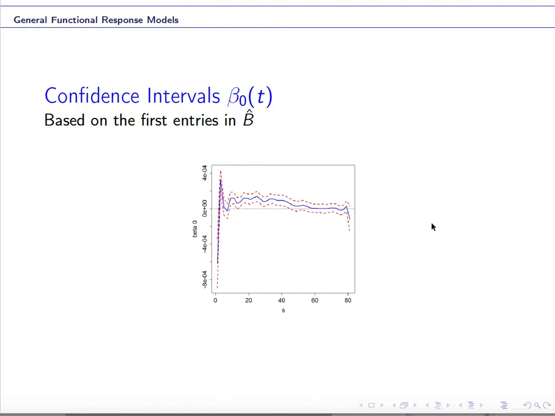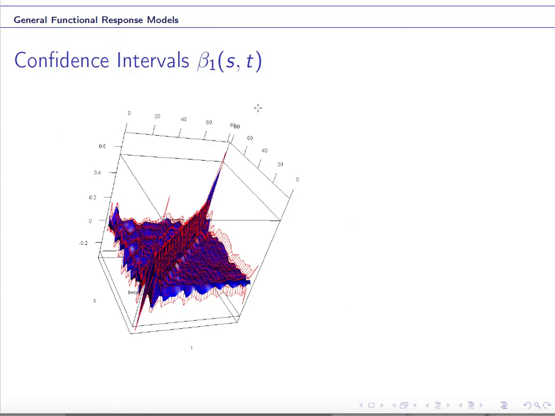So this shows the confidence interval for the intercept. The intercept is also a function, beta 0(t), and we can also come up with the confidence interval for the bivariate coefficient beta(s,t). Here, the red surface represents the 95% confidence interval. It is hard to see much here, because I think these bivariate coefficient functions are too bumpy and hard to interpret.